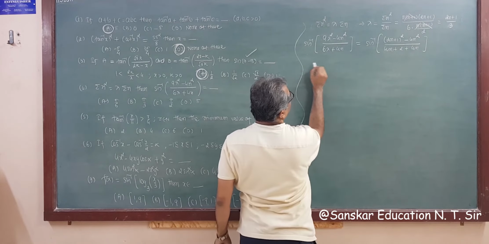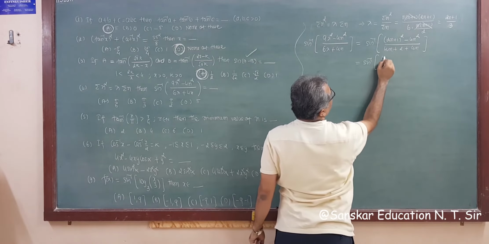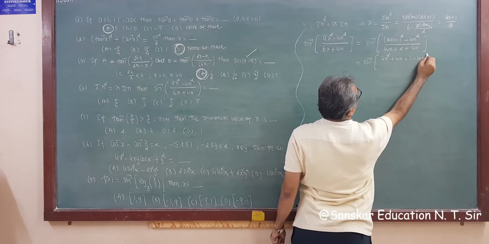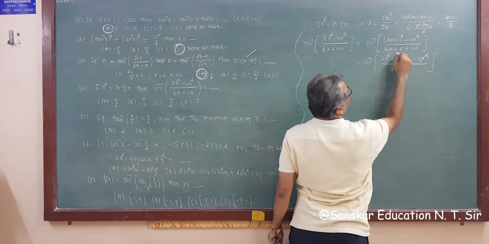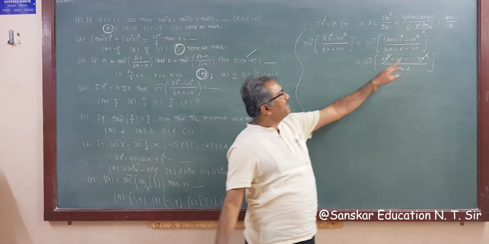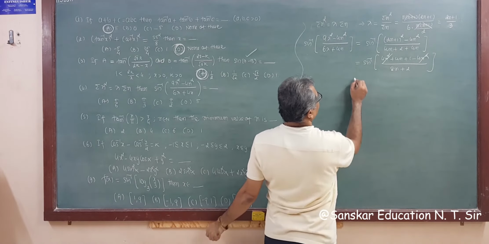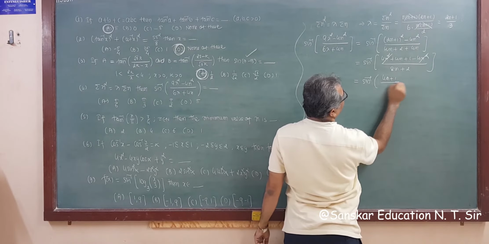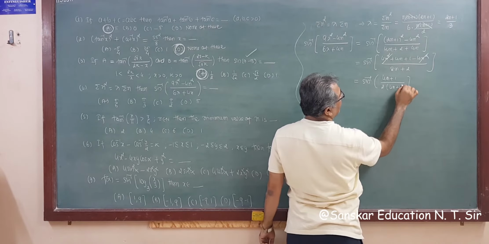This is sine inverse. Now expanding this, this is 4n square plus 4n plus 1 minus 4n square upon 8n plus 2. So the 4n square cancels. So 4n plus 1, this is 8n plus 2. Taking 2 common, this is sine inverse of 4n plus 1 upon 2 into 4n plus 1 again.